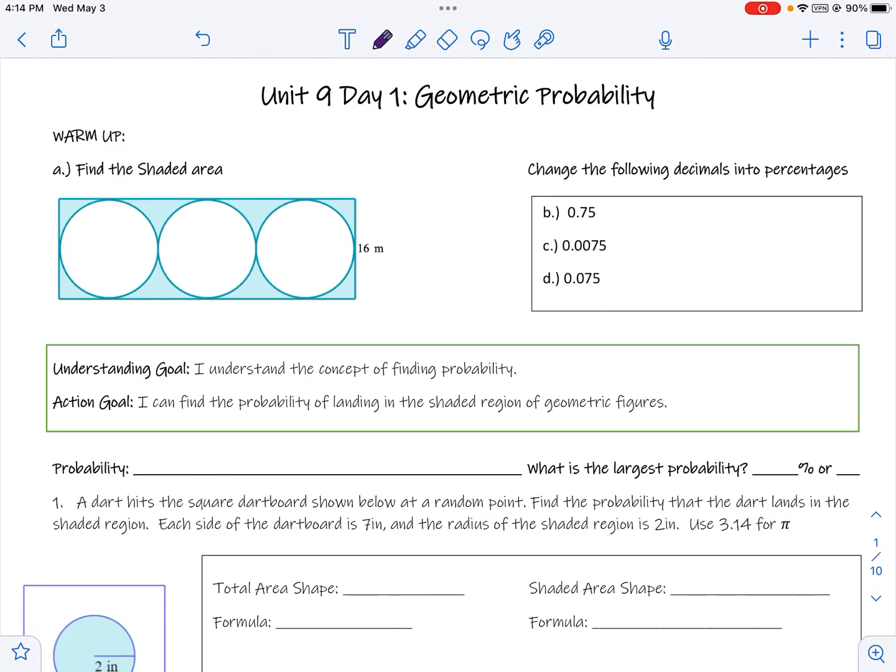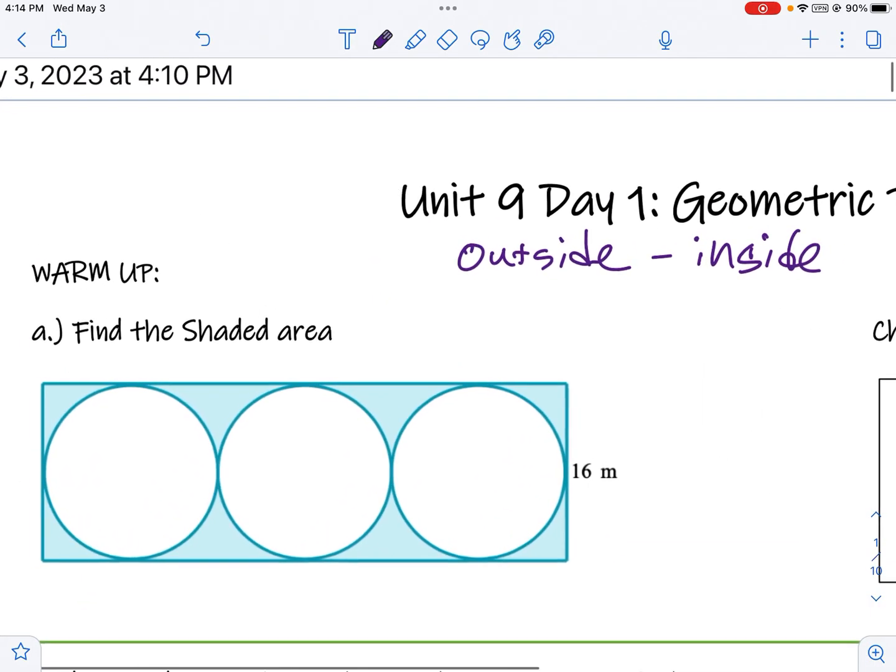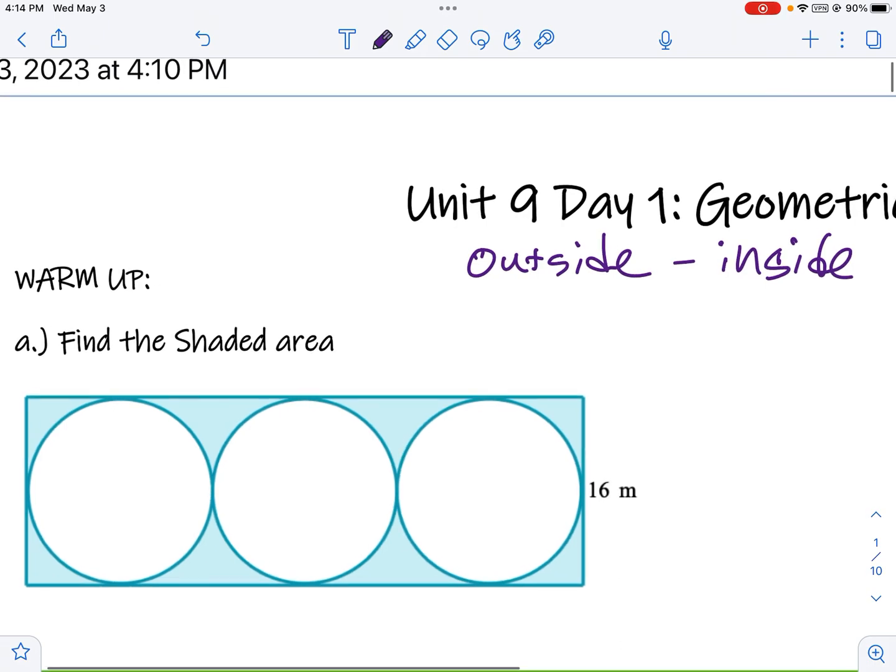So for letter A, find the shaded area. This is one of those problems where we're going to do outside minus inside. My outside area minus my inside area. My outside area is a rectangle on this one, and my rectangle formula is base times height.